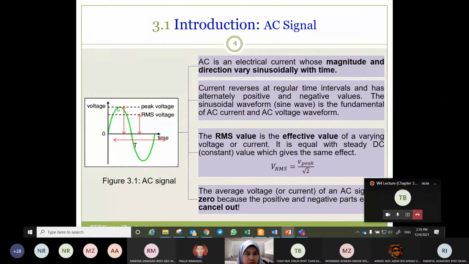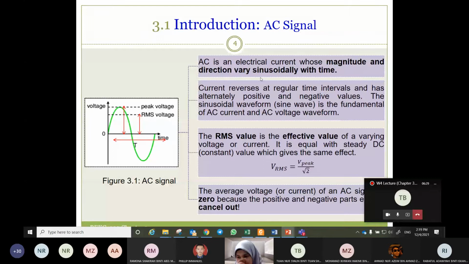Okay, so the voltage is at peak when t is equal to T over 4 here. So that's why we say that magnitude and direction vary sinusoidally with time. Compared with a DC signal, the signal is fixed.